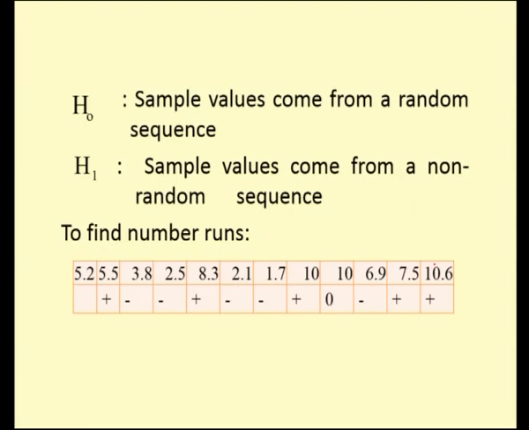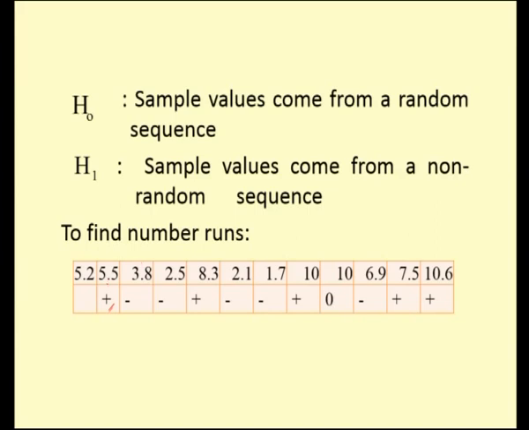Now, this is how the run is calculated. Take the first value 5.2, now take the second value 5.5, and compare 5.2 with 5.5. You find that 5.5 is greater than 5.2, so put a plus sign. Now come to the third value 3.8.